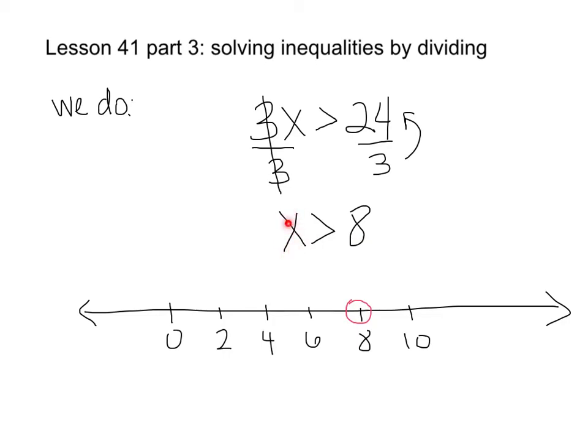So he could be 9 because he's bigger than 8. He can't be 6. He could be 10, so we must go off this direction. So I would graph him like that. And the graph shows that the answer could be 8.5, 9, 9.5, 10, 10.2, 11, 12.7, anything that's on this line all the way up.